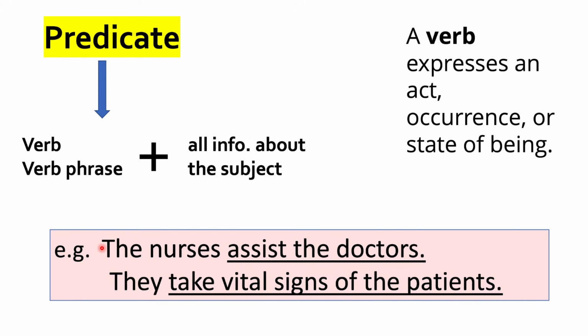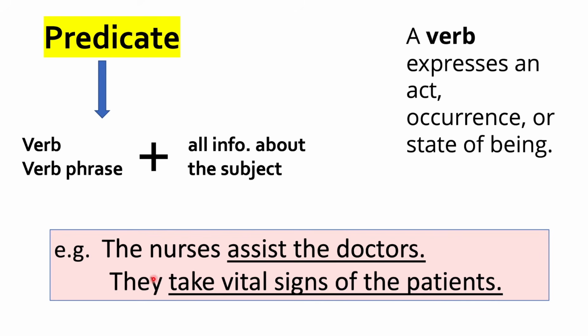We have this sentence earlier on, so let's take this again. The nurses, this time let's talk about the predicate. So, action. Anything that has to do with the acts of the subject. This time, the complete predicate is assist the doctors. Okay? You have there the verb assist plus all information about the subject, the doctors.